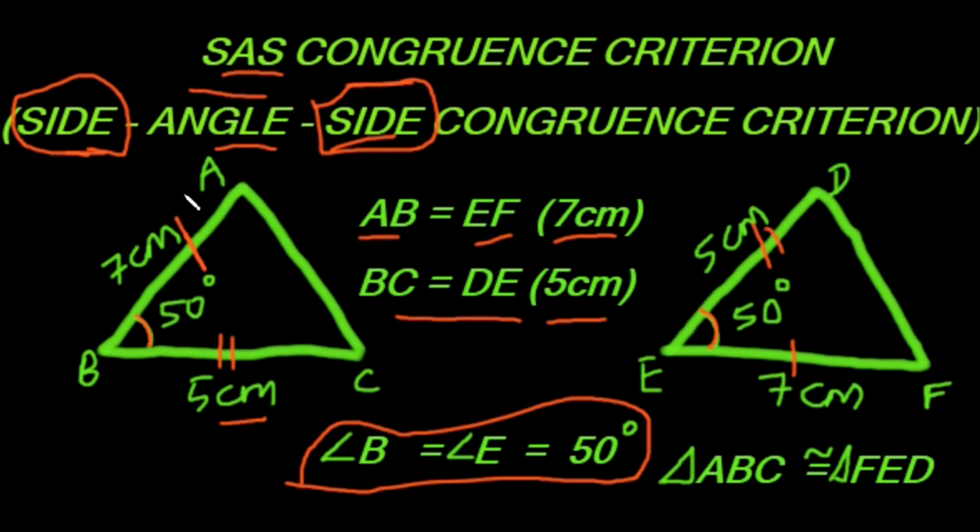Say this, AB is a side, BC is a side, and the angle lies in between it. That is an included angle. Check out the DEF triangle. DE is a side, EF is a side, and the angle lies in between those two sides alone. So now we can say angle B and angle E are the corresponding angles. So B and E are equal.